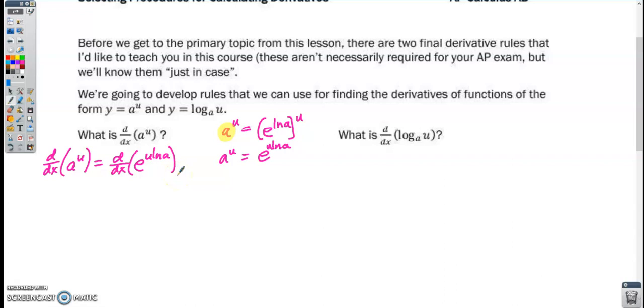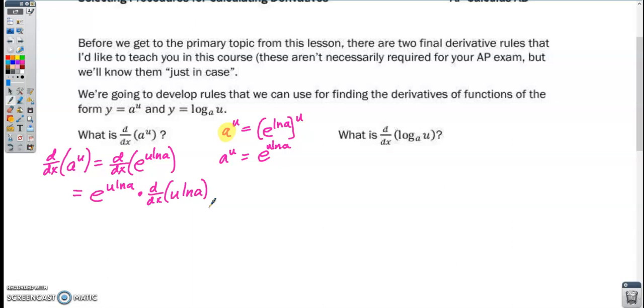And then I take the derivative of this. So the derivative of e to some power is e to that same power times the derivative of the power. So in this case, the derivative of u times the natural log of a. Now something that's very important here for us to understand is that the natural logarithm of a, since a is a constant, means the natural logarithm of a is a constant.